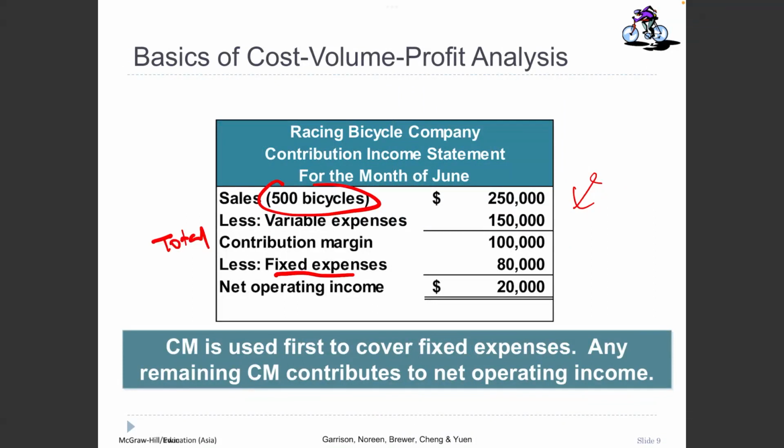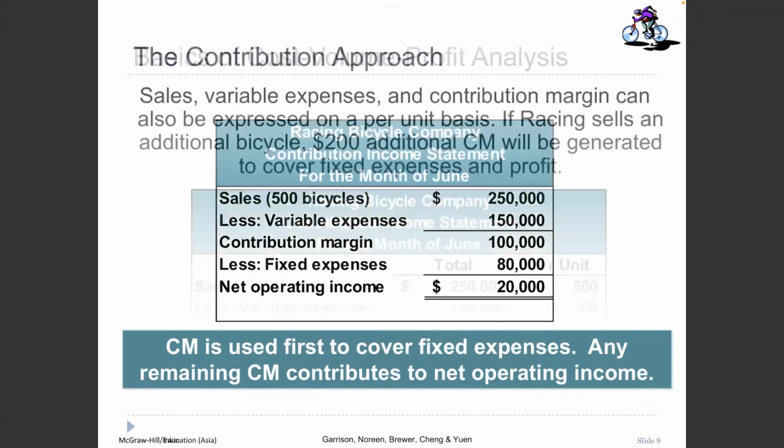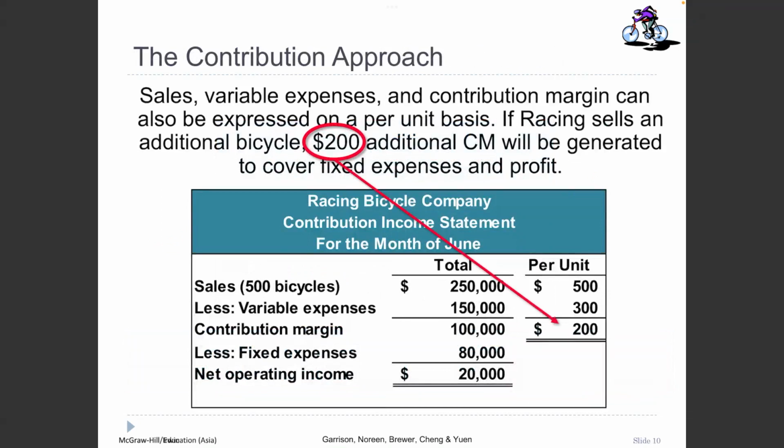So contribution margin can also be expressed per unit, which is for one unit of the product only. As you can see here, this is per unit, which is for one bike only. One sale of one bike is $500, and then minus $300 variable expenses per unit for one bike. So you get a contribution margin per unit of $200.